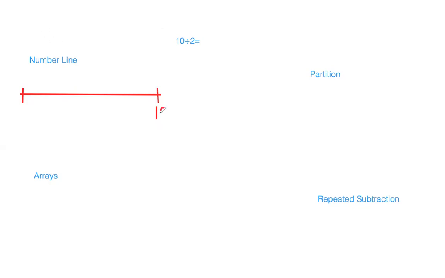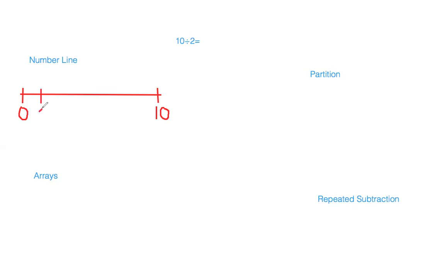And then my smallest one is going to be 0. Now with this number here, my 2, I'm going to label my number line as skips of 2 so that I can easily do my division without having to have a bunch of jumps. So I'm going to go from 0 to 10 by skip counting by 2.